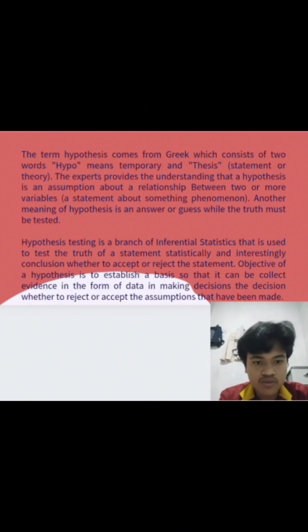Experts provide an understanding that a hypothesis is an assumption about a relationship between two or more variables, a statement about a phenomenon. Another meaning of hypothesis is an answer or guess whose truth must be tested.